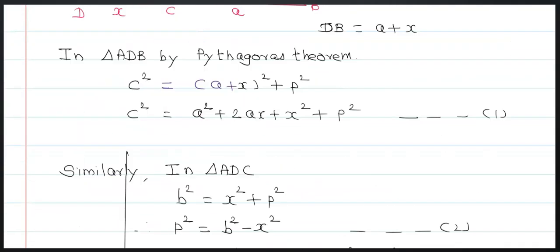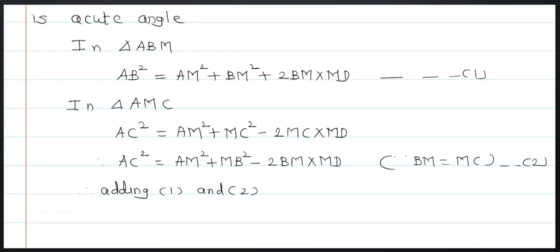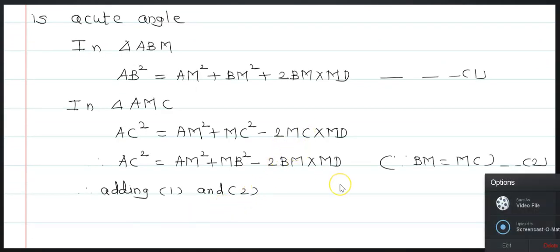If we add these two equations, replacing BM with MC since BM is equal to MC, this is equation number 1 and equation number 2, then we get AB square plus AC square.